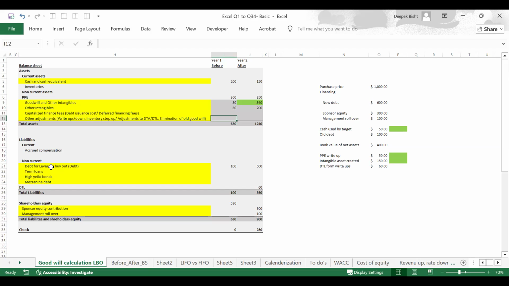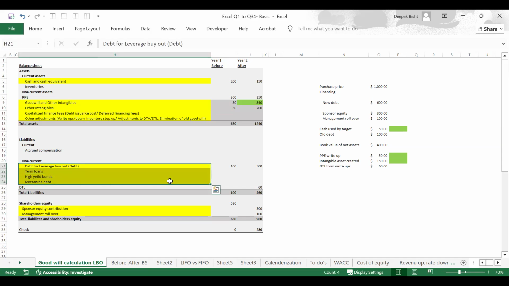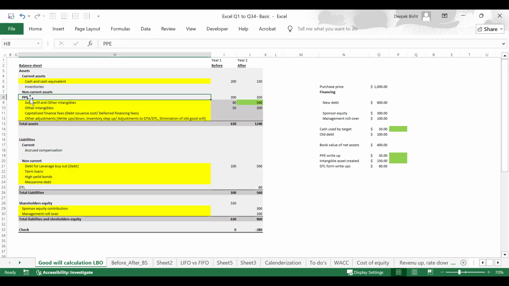On the liability side, there are going to be different types of debt which we are going to raise. For simplicity, I have only taken one. And there is going to be deferred tax liability. Deferred tax liability will be created because of the step-up. We have revalued the PPE at the current market value, so this will create a deferred tax liability on the balance sheet for us.